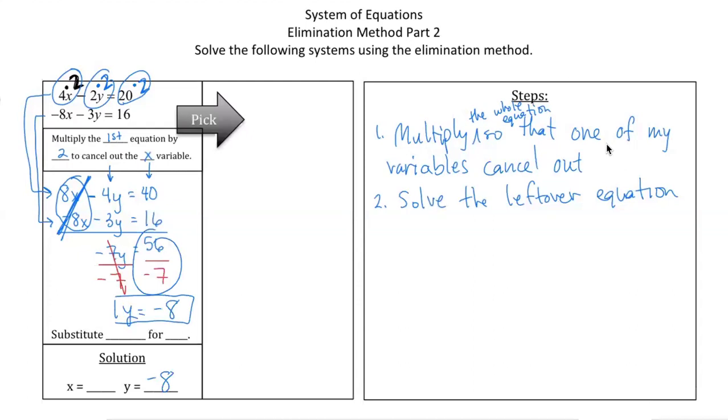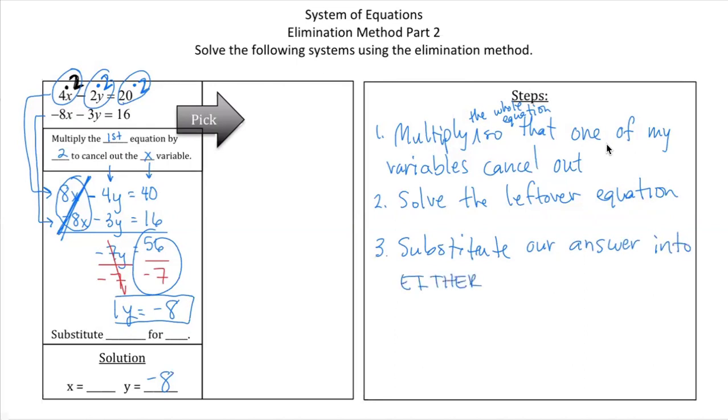And if you remember, once we get that, we're going to substitute our answer into either equation.